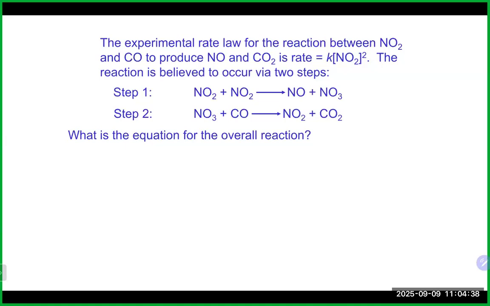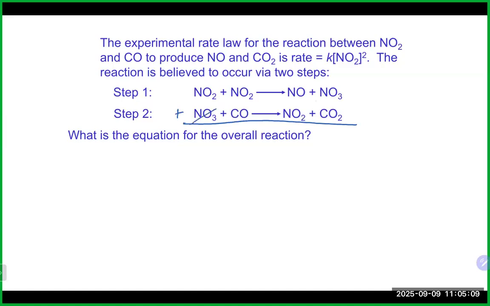So for example, the experimental rate law for this reaction of NO2 and CO to produce NO and CO2 is rate equals k[NO2]^2. The reaction is believed to occur through these two steps. So let's start with the first one. We want to figure out the overall equation. That's pretty straightforward. We are going to add these together, and anything on opposite sides of the arrow in different equations will cancel or reduce.